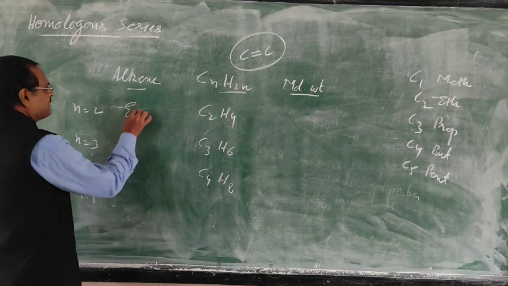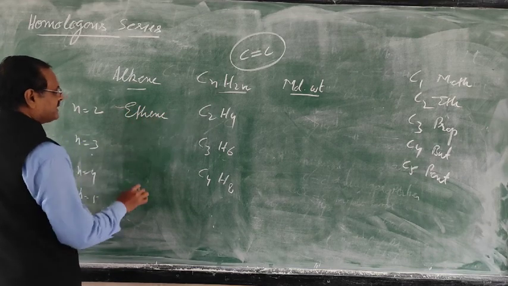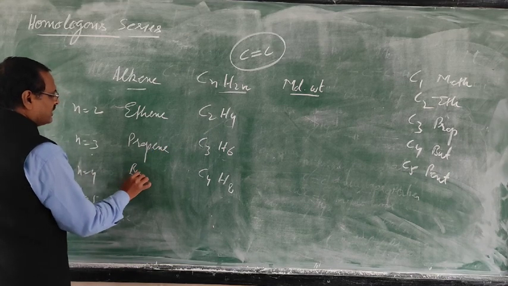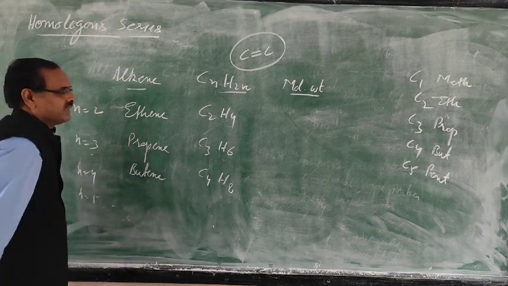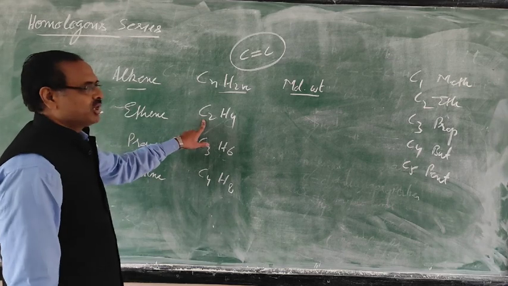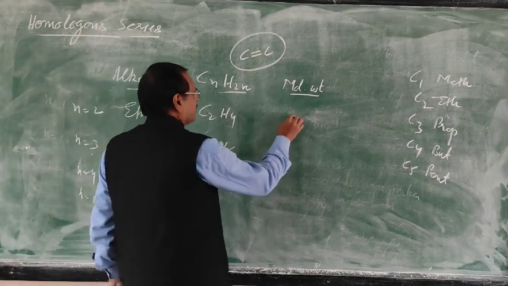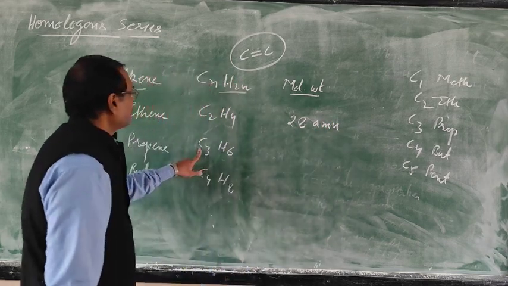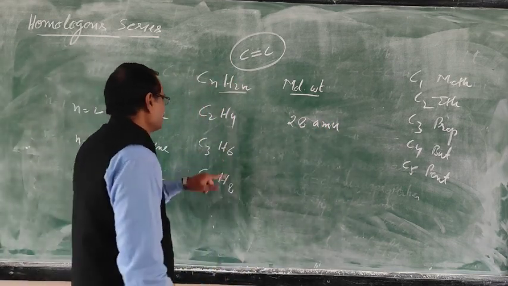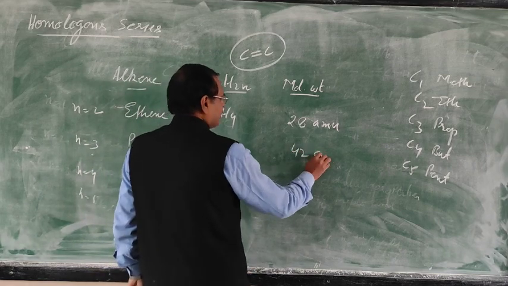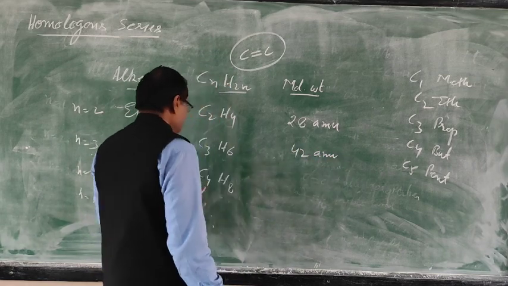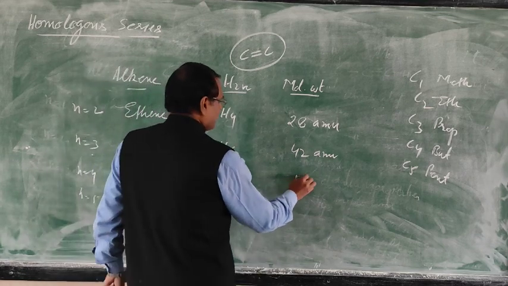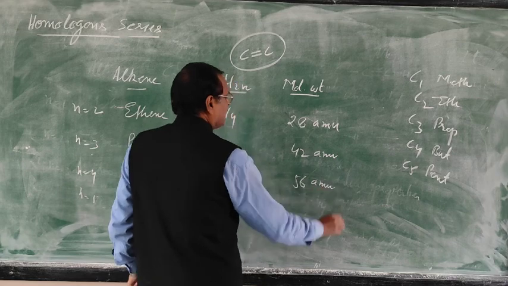So this one is ethene, this one is propene, this one is butene. Now take the molecular mass: 12 twos are 24 plus 4, 28 AMU. Here 12 threes are 36 plus 6, 42 AMU, and 48 plus 8, 56 AMU.